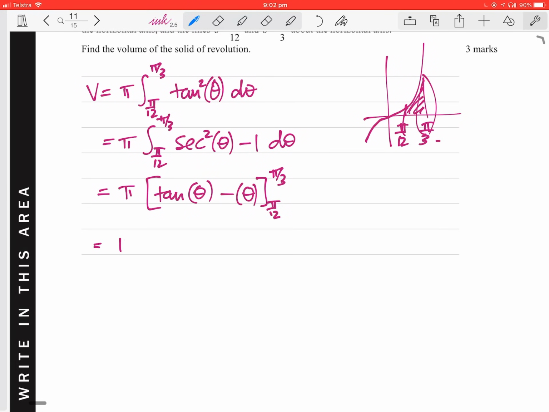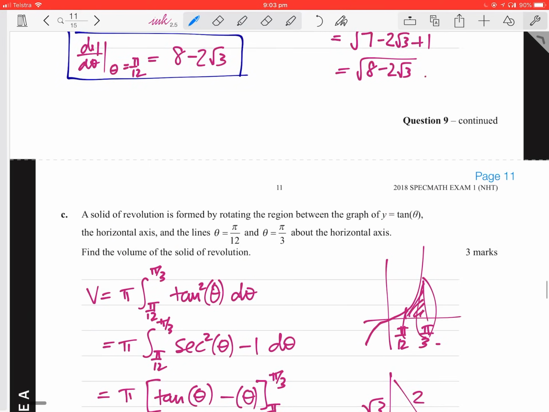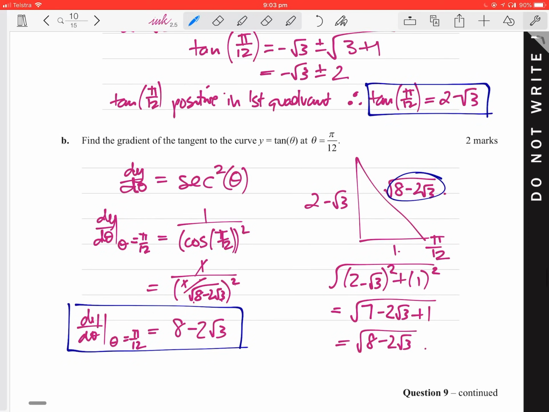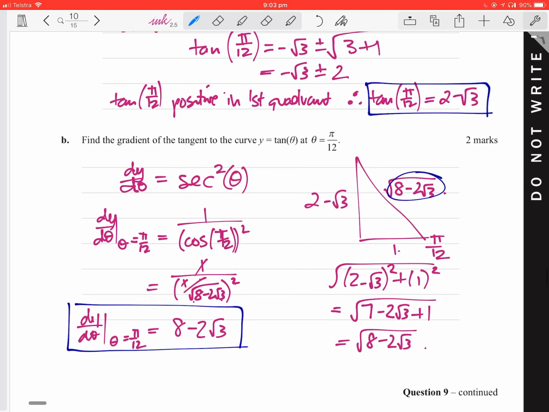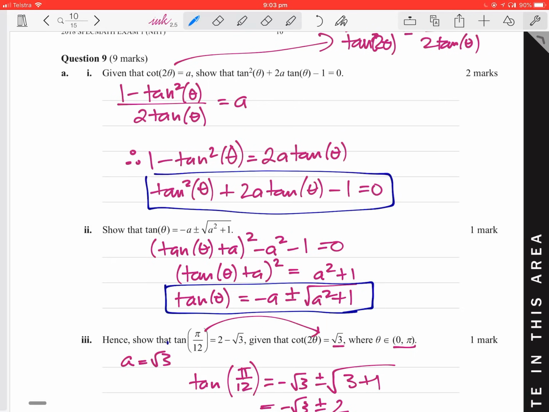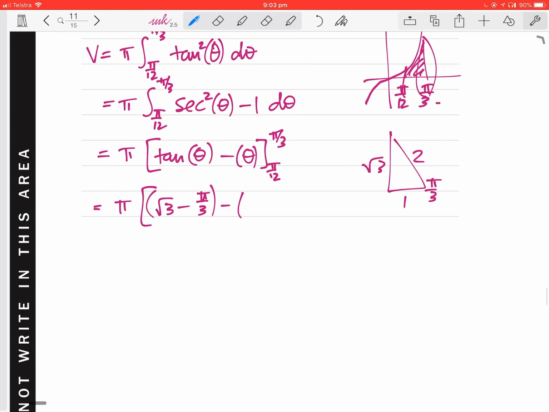What's tan of pi on 3? My brain is absolutely mush right now, so tan of pi on 3 is root 3, minus pi on 3, minus tan of pi on 12. Tan of pi on 12 is 2 minus root 3, minus pi on 12.